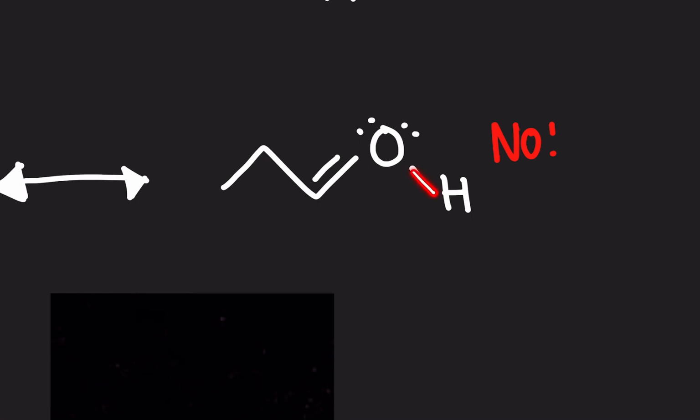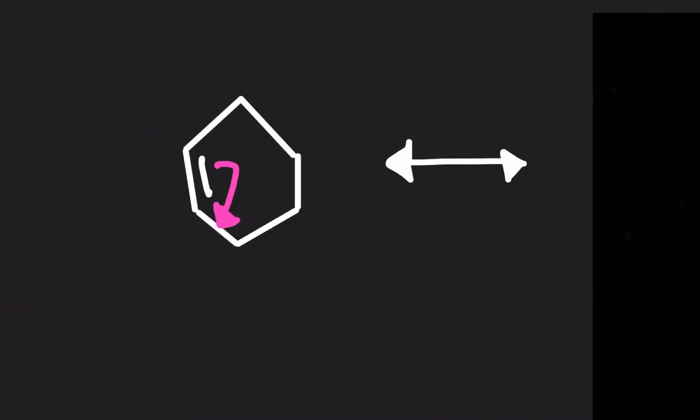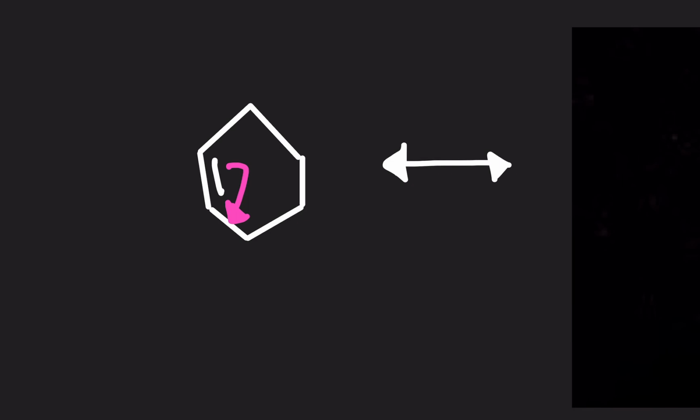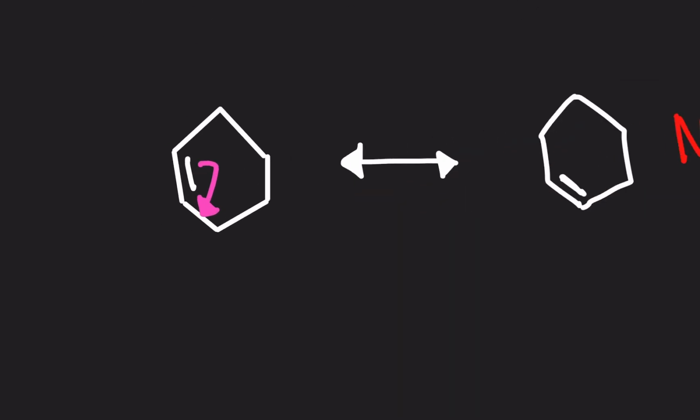It has 1, 2, 3, 4, because remember the lone pairs, think about them as bonds. 5. Oxygen cannot have 5 bonds, so not allowed. What about this one? We're moving the double bond down here and making it here. This is not allowed either.